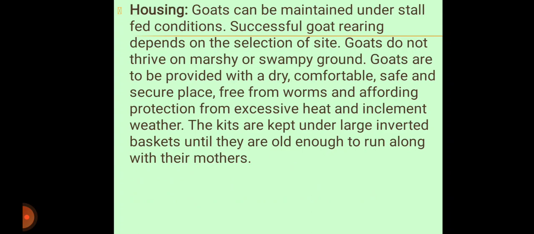Goats are to be provided with a dry, comfortable, safe, and secure place, free from worms and affording protection from excessive heat and inclement weather. The kids are kept under large inverted baskets until they are old enough to run along with their mothers.